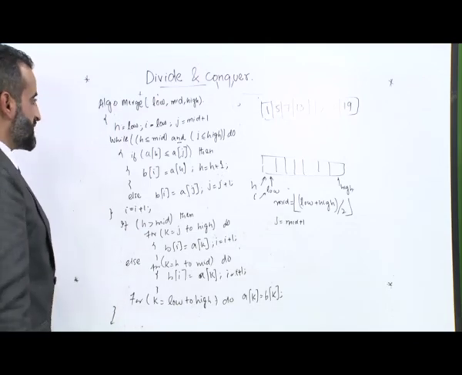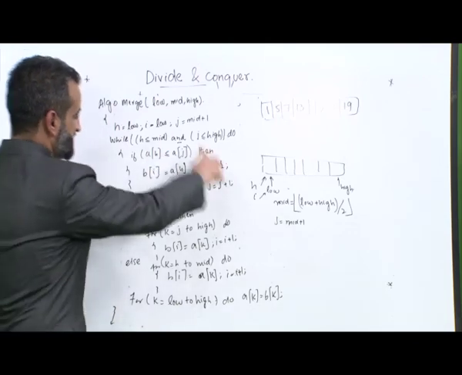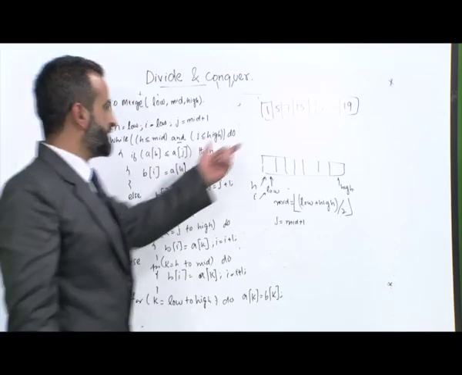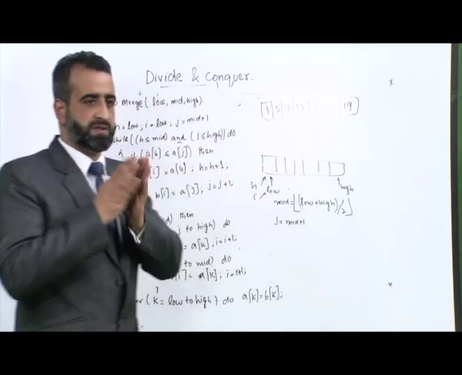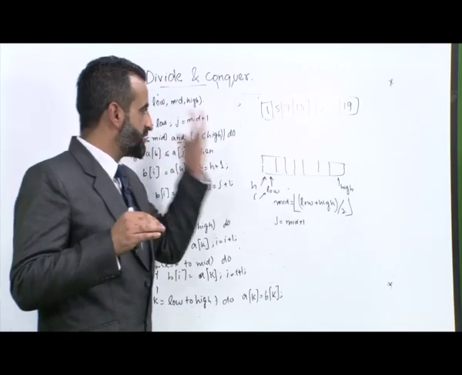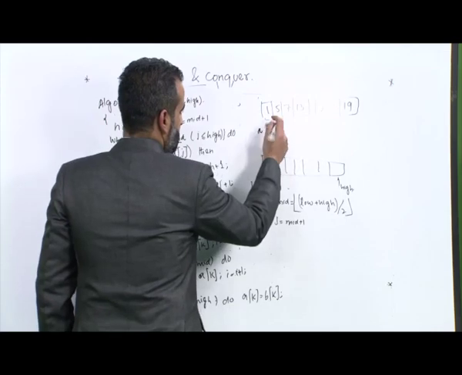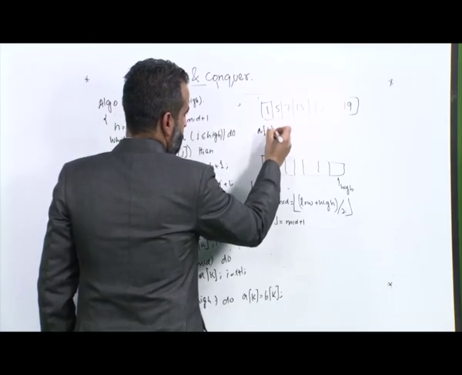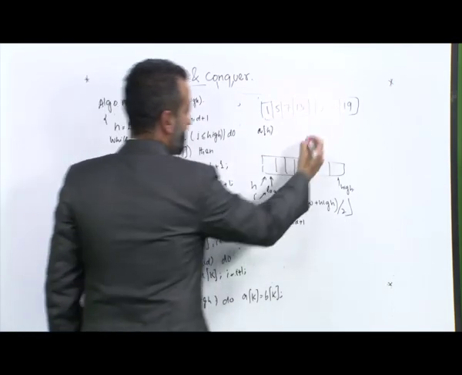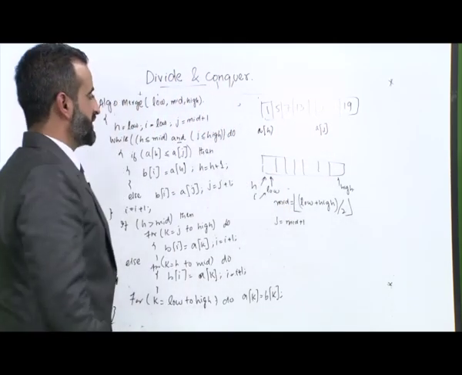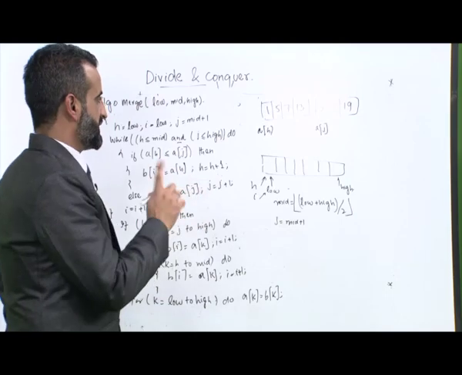What are we trying to do inside this loop? There are two ways of merging. One is that we can divide this into two different sub-arrays and run the algorithm on those two sub-arrays. So in this case, A of h will be pointing towards this element and A of j will be pointing towards this element. I'm using the same array in both cases.